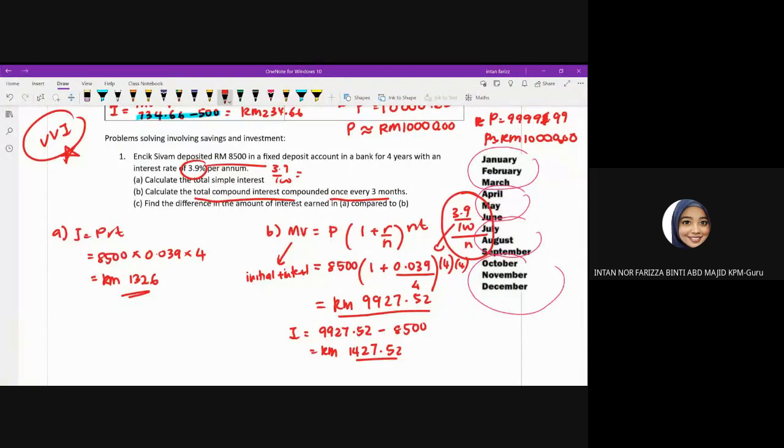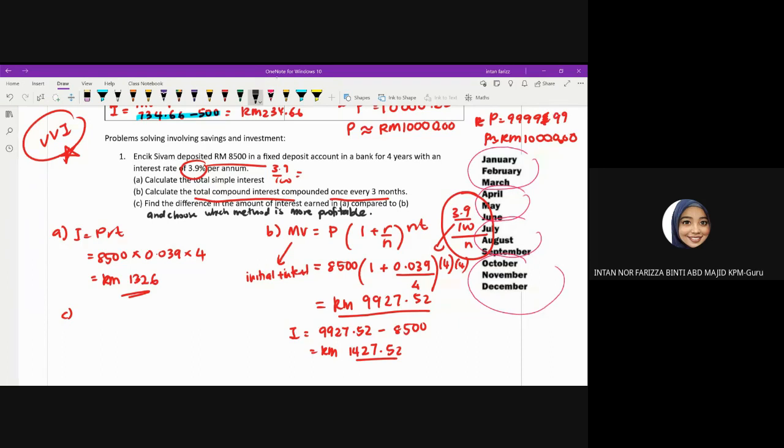Now let's do C. Find the difference in the amount of interest earned in A compared to B. And I want you to add to the question: choose which method is more profitable. Please add this in C. Let's calculate the difference first.